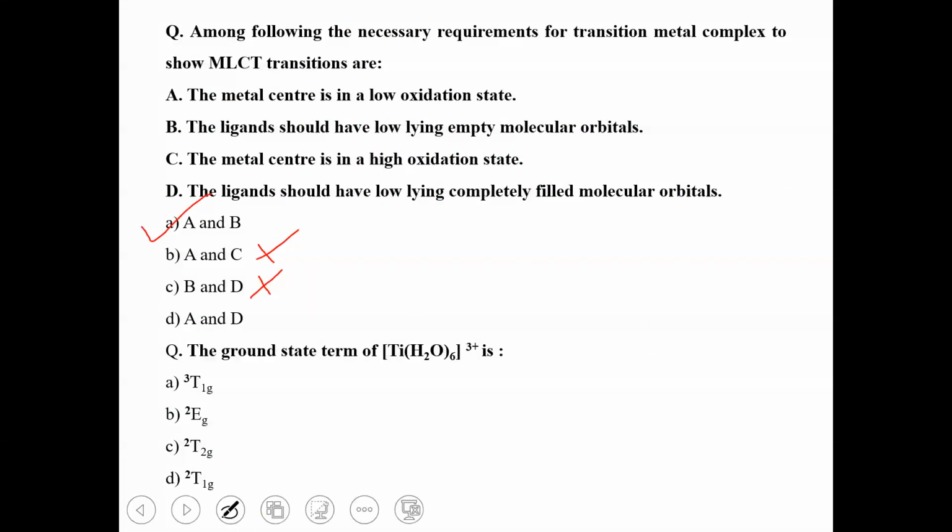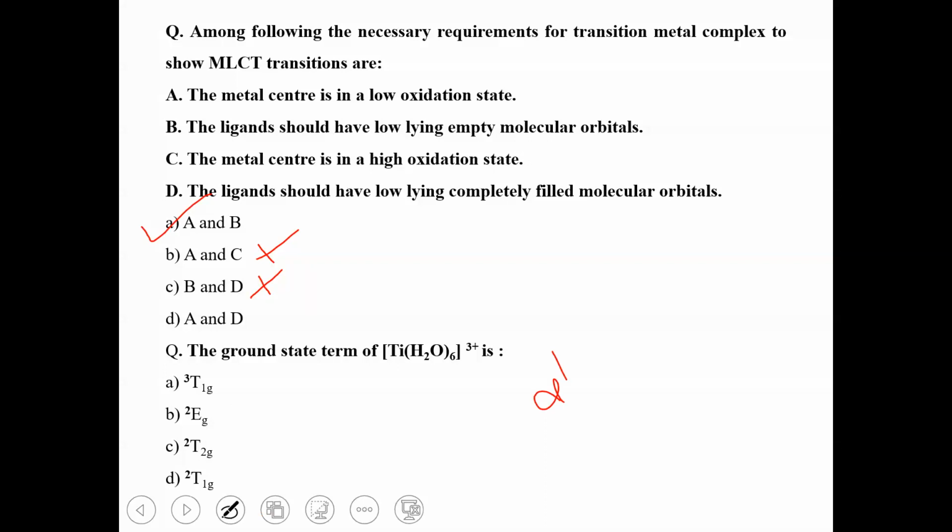The ground state term for the titanium hexaqua complex. Okay, so what is the electronic configuration here? Basically, it will be d1. And just identify the multiplicity.